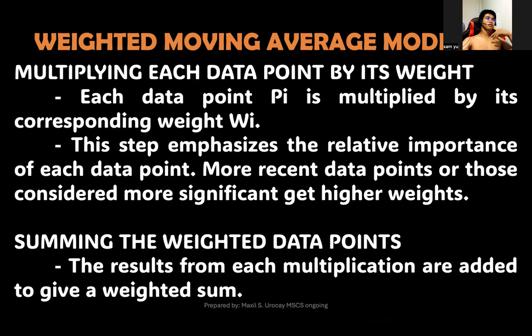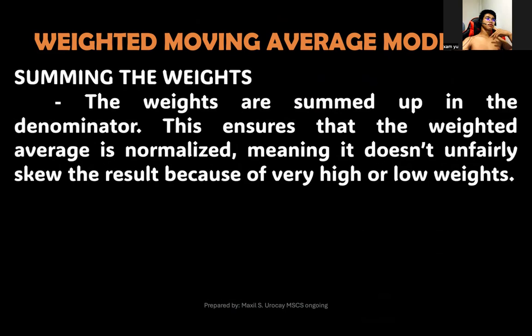Now, for summing the weights, the weights are summed up in the denominator. This ensures that the weighted average is normalized, meaning it doesn't unfairly skew the results because of very high or low weights that you have.